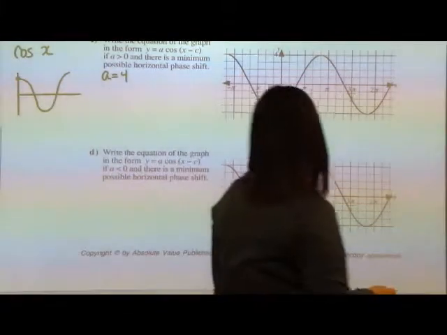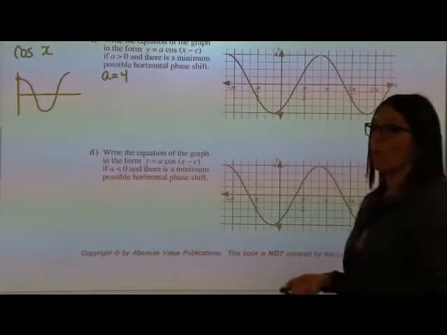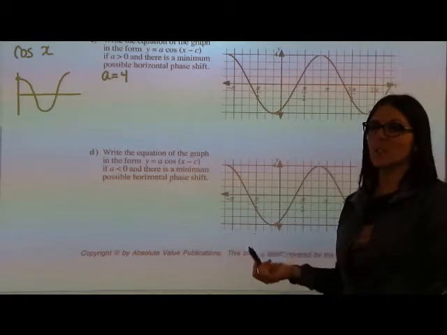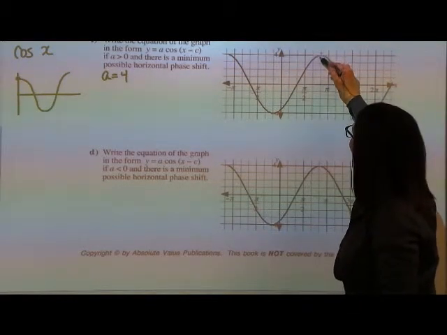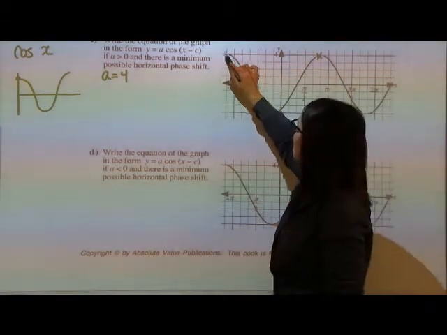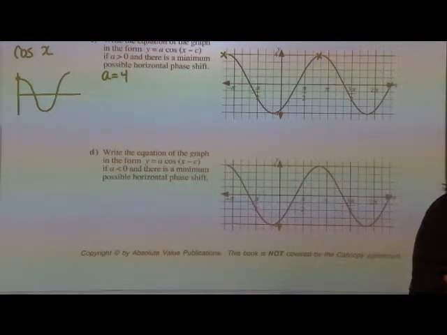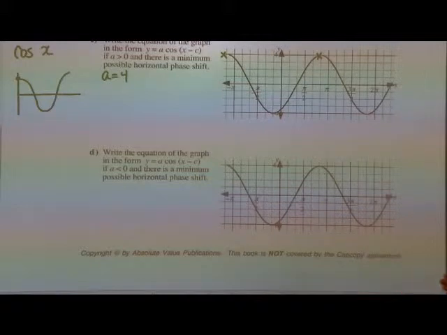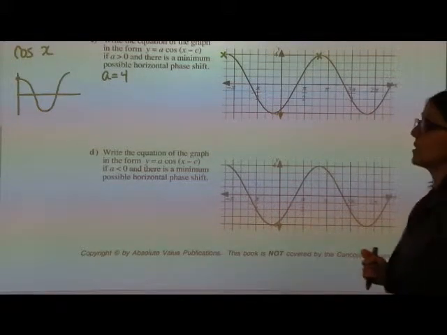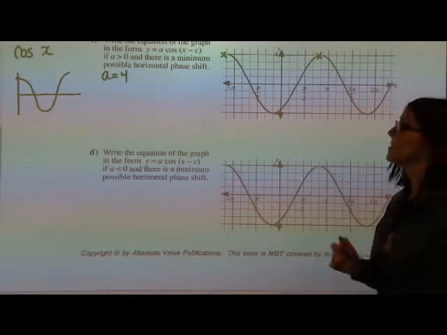Now I look at my horizontal phase shift. So I want to start at the maximum point for cos. That can be here or here. But I want the minimum horizontal phase shift. So do I want to move it to the left or to the right? Which one's closer to the y-axis? The right.